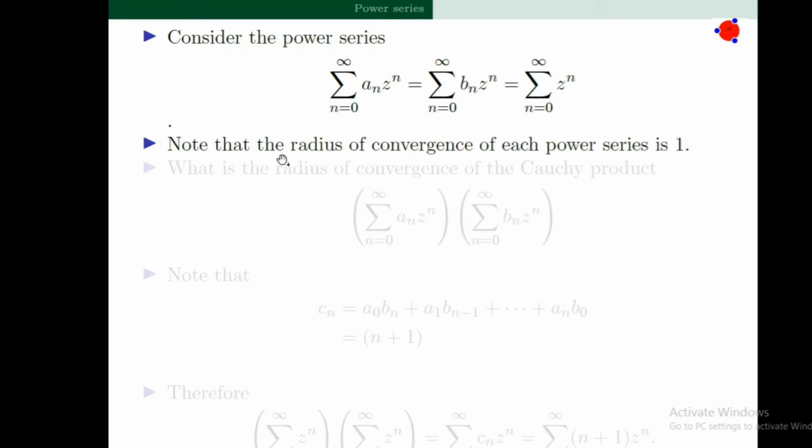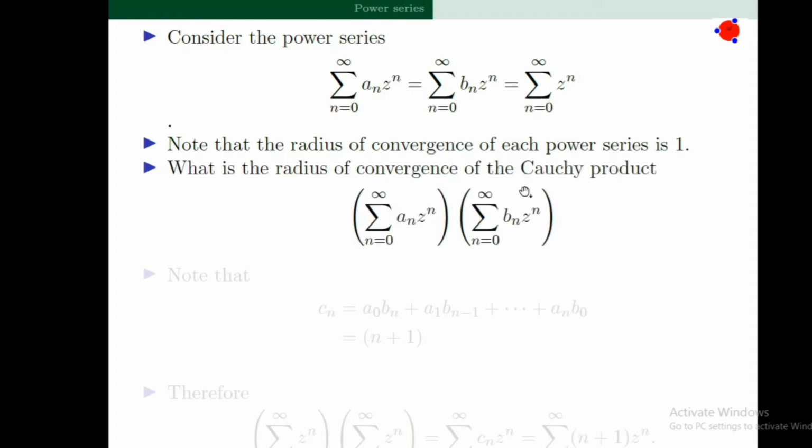Obviously, the radius of convergence of each power series is 1. Here the coefficients of sigma z^n are 1, 1, 1, etc. So the limit supremum is 1. So the radius of convergence of sigma an z^n and sigma bn z^n are both equal to 1.